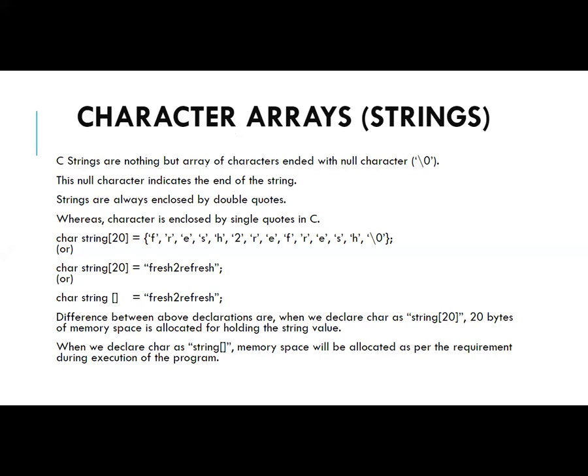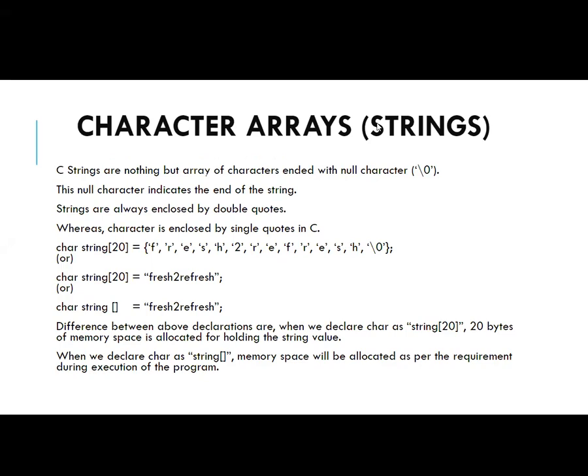So strings in C are nothing but character arrays, or you can call them an array of characters, and these arrays of characters always end with a null character, which is denoted by \0. So this is the null character.